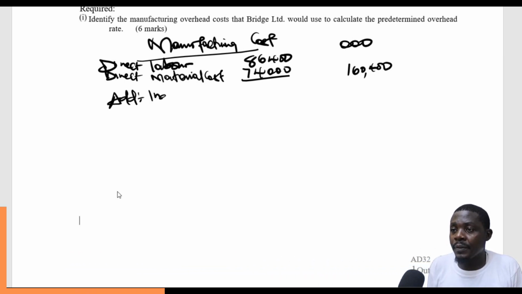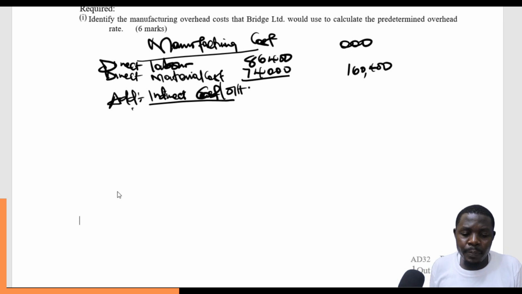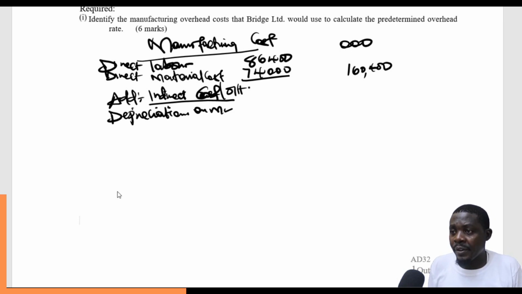Indirect cost or other overheads. In that case, we are going to include everything on our list that we have not already written there, starting with depreciation on manufacturing, which is 17,200.